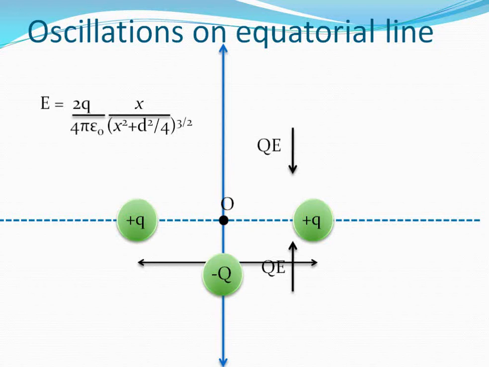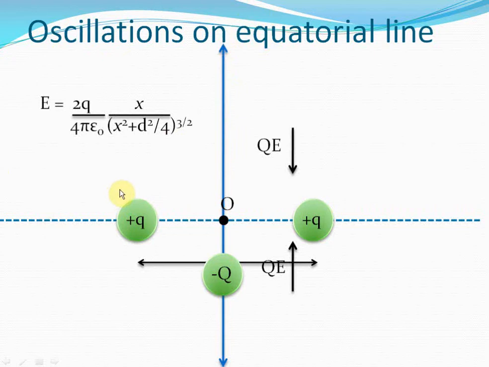The electric field in this region is given by this expression you see on your screen, 2 by 4 pi epsilon naught, Q into x by (x squared plus d squared by 4) whole raised to 3 by 2, where x is the distance of this negative charge from the origin. We have already calculated this expression earlier. This is simply the value of 2E sin theta that we calculated.